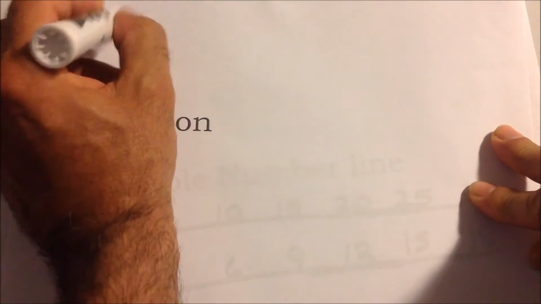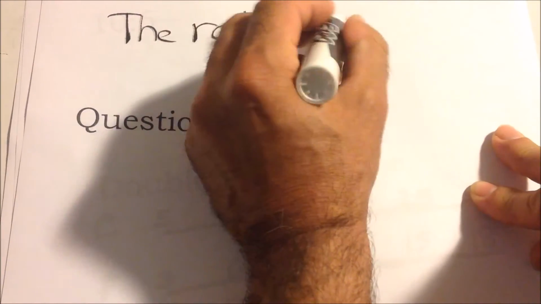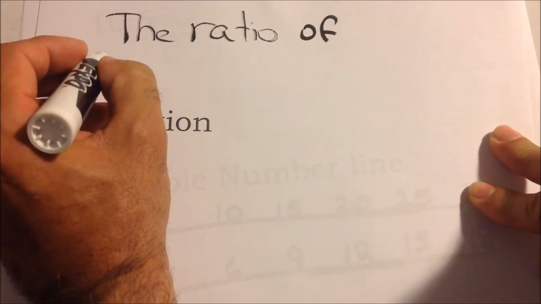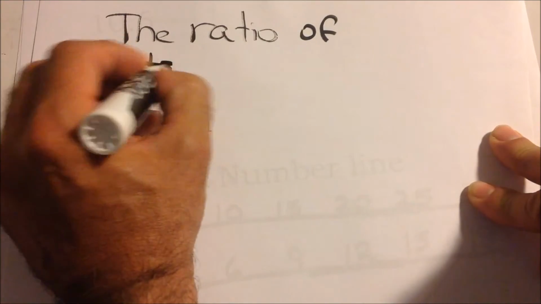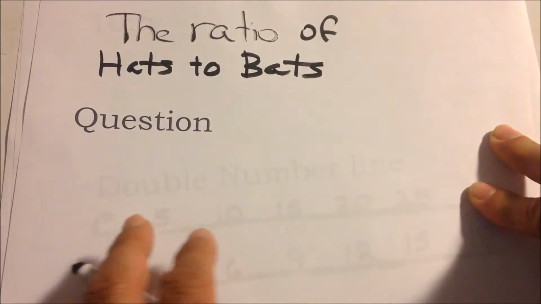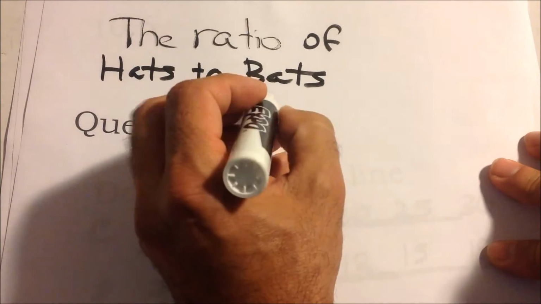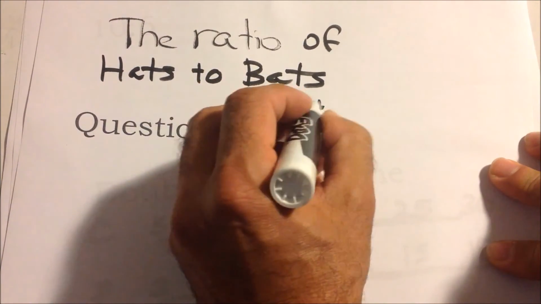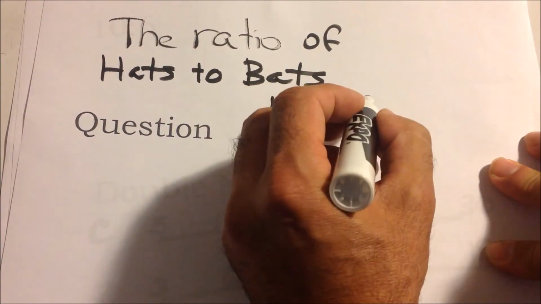Okay, let me give you a question that we can make a tape diagram on. Our question. Let's say that we're at a ball game, and the ratio, we'll put the ratio of, let's say, hats to bats, say the ratio of hats to bats was 14 to 4.